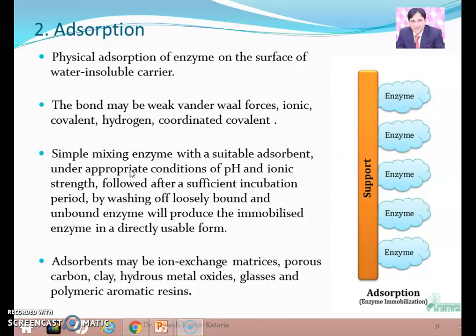Leave it for a certain period of time, and your enzyme will get bound with the support without the use of specific reactions. Adsorbent may be ion exchange matrices, porous carbon, clay, hydrous metal oxide, glasses, or polymeric aromatic resins.